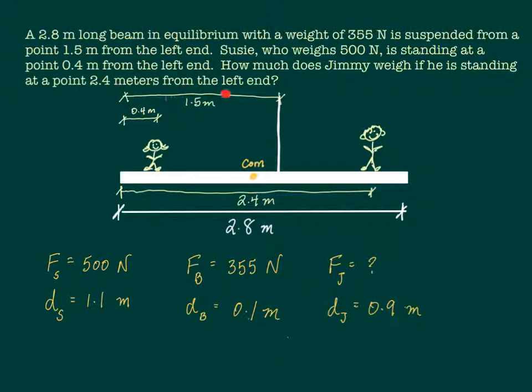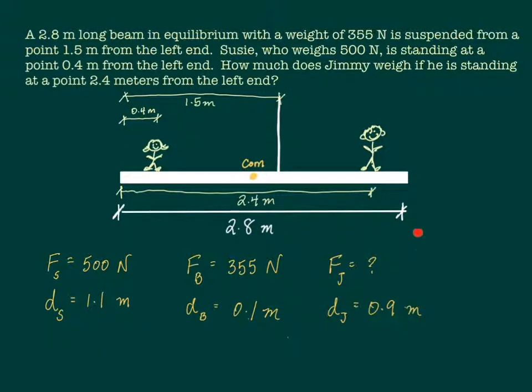So that's this distance here. Susie, who weighs 500 newtons, is standing at a point 0.4 meters from the left end. So our job is to find out how much Jimmy weighs over here if he's standing 2.4 meters from this left side.